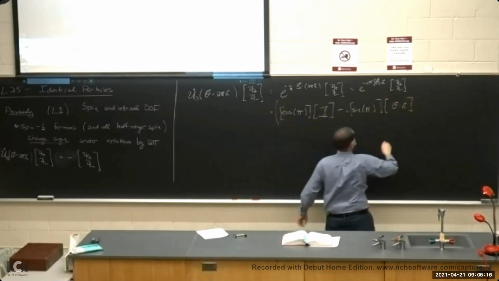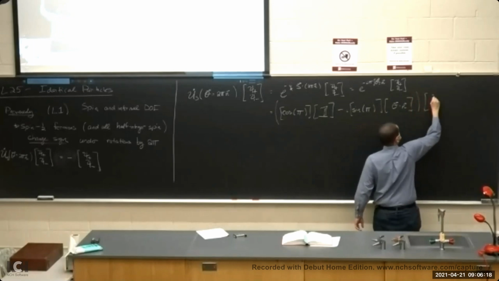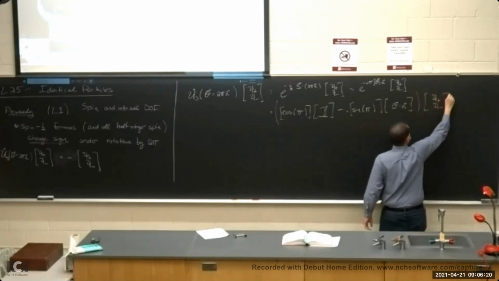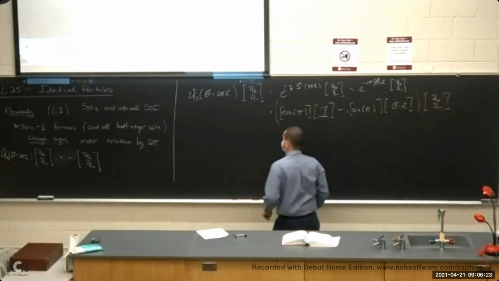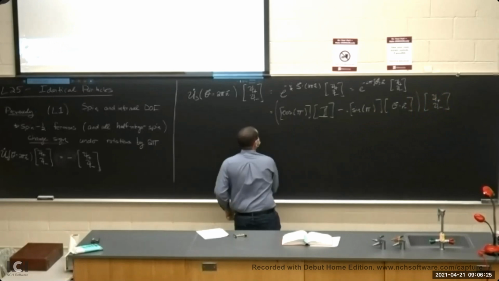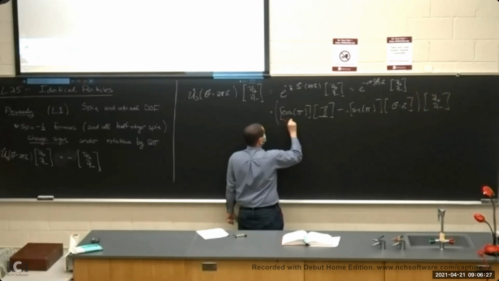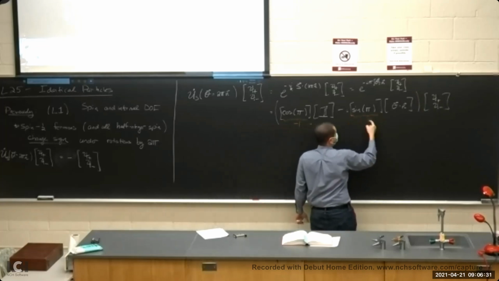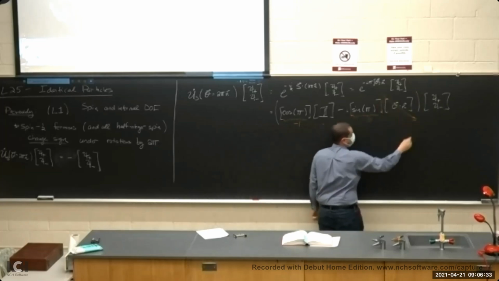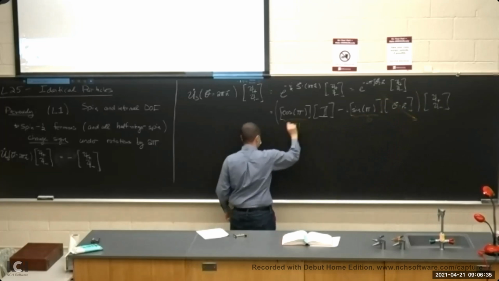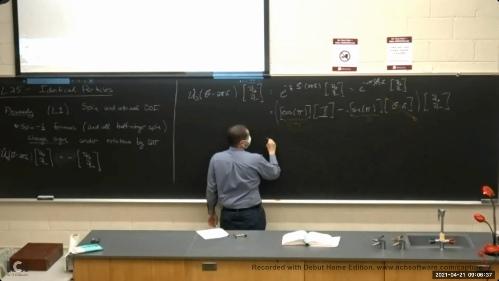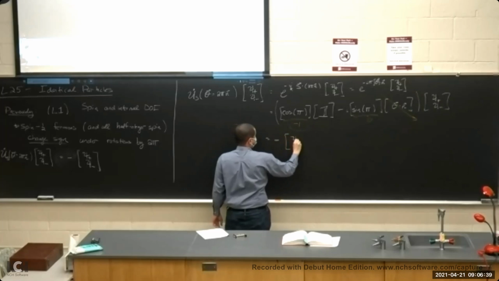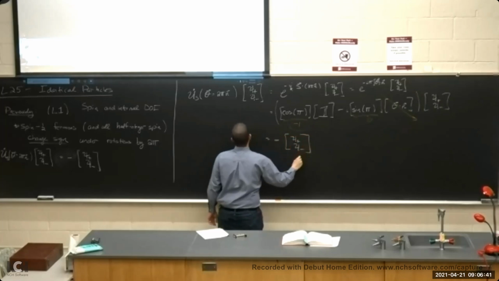All of this is the rotation matrix that acts on psi plus and psi minus. And for the particular case where the rotation angle was 2 pi, I get cosine of pi, which is -1, sine of pi is 0. So it doesn't depend on n at all. That drops out completely, and I just get this minus sign. And so I get minus (psi plus, psi minus).